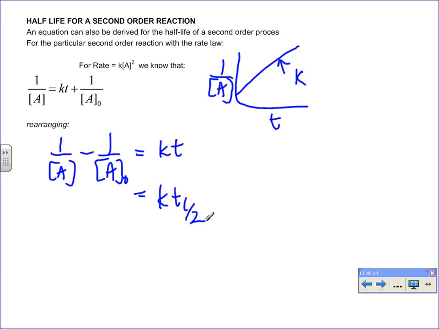At this point, the concentration of A is half of the concentration of A naught, so we're looking at 1 over half of A naught, which is really the same as 2 over the concentration of A naught.